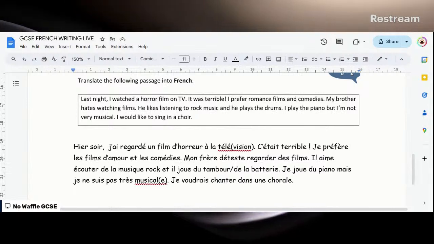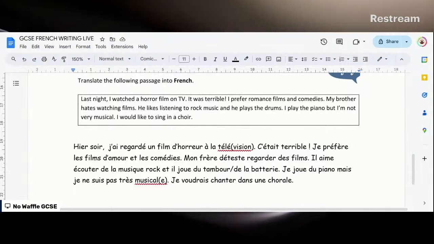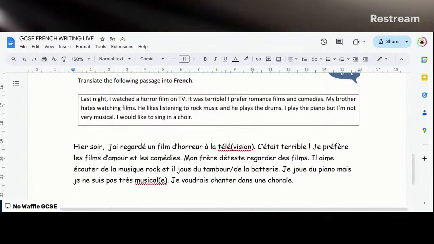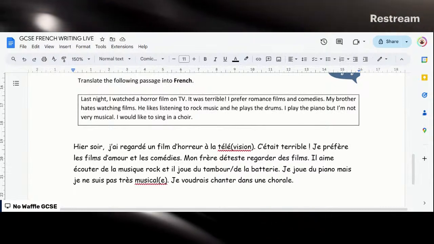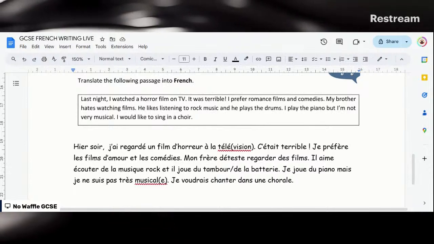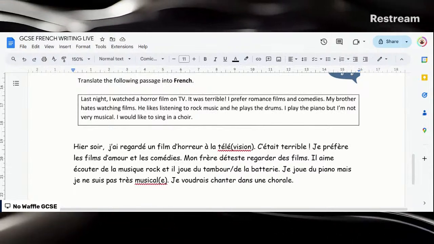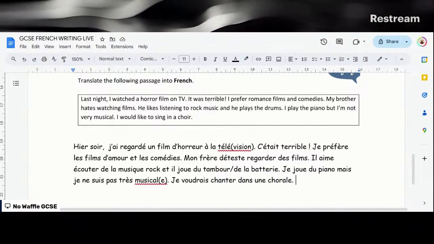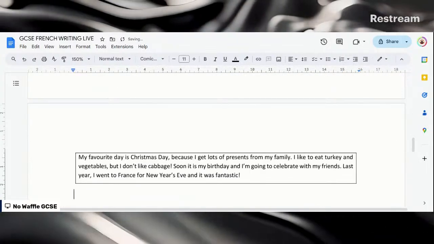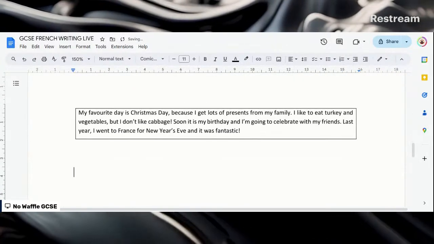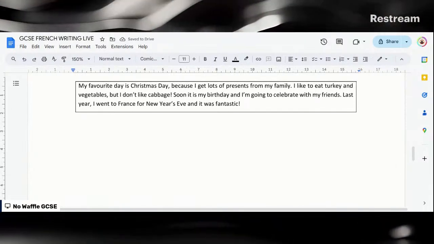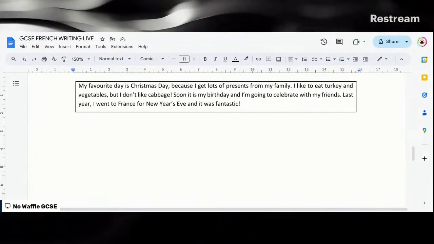Okay, we're going to move on to the next translation, which is about festivals, which is quite interesting. La fête. Got a distinction. Well done. Wow. That's really impressive. Okay, so now we're looking at festivals. So my favorite day is Christmas Day.